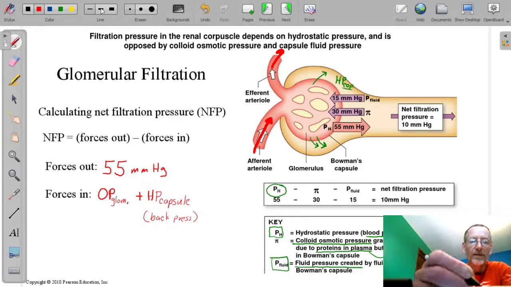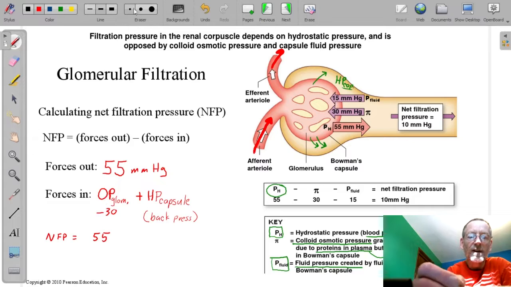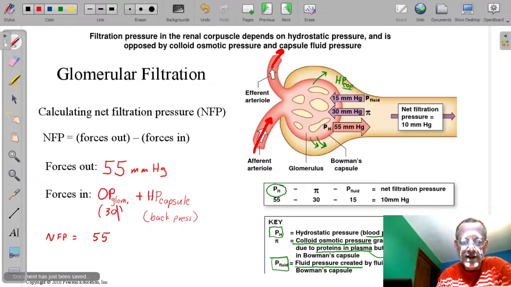So, pretty simple math. So, NFP, our net filtration pressure, is equal to 55 minus 30. Let's leave the minus sign off of that, otherwise that will also get confusing. And the hydrostatic pressure was 15.